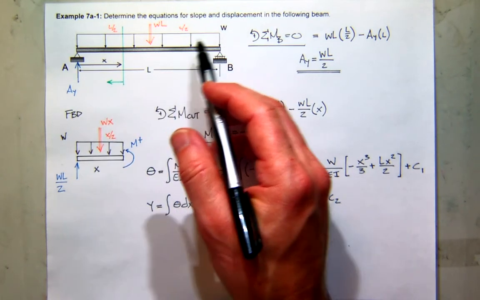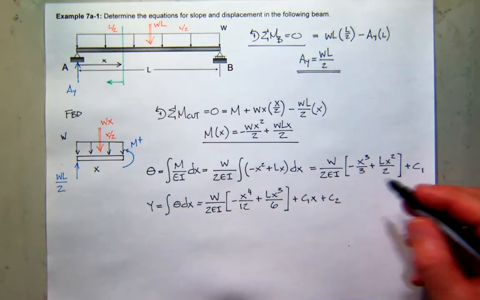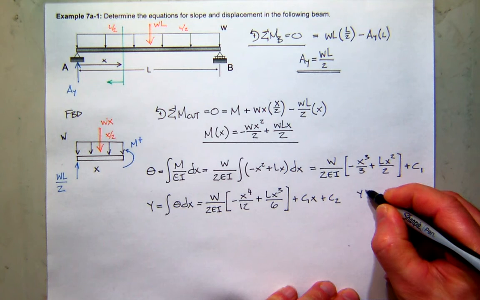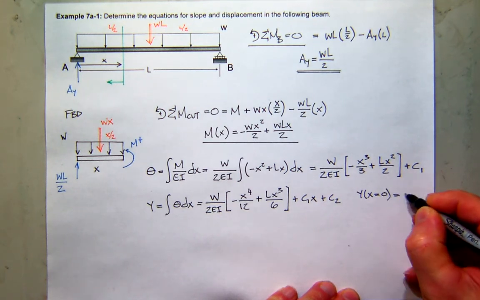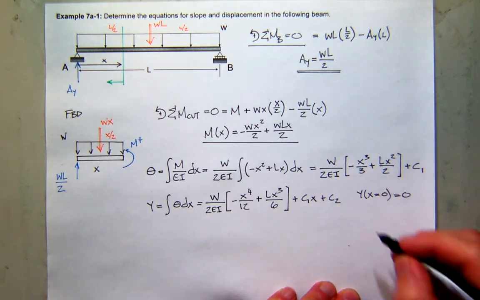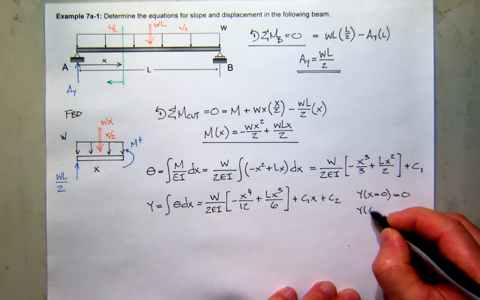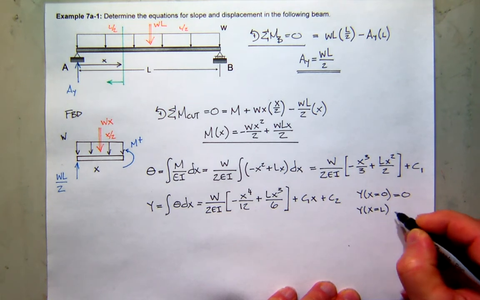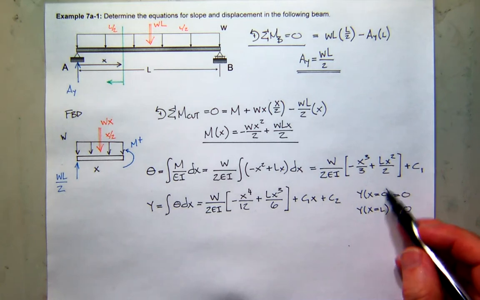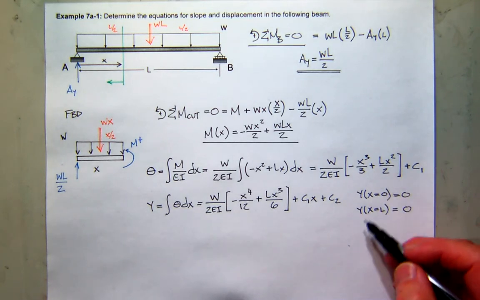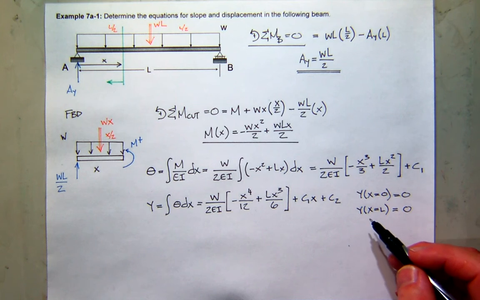Here and here. Yes. So my two conditions are, I know that y at x equals 0 should be 0, and I know that y at x equal L also should be 0. Which one of those is going to be easier to do first? Well, x equals 0 is probably pretty easy to do.